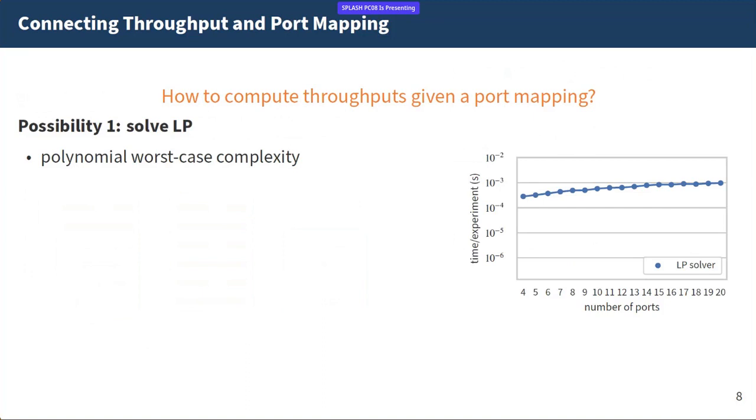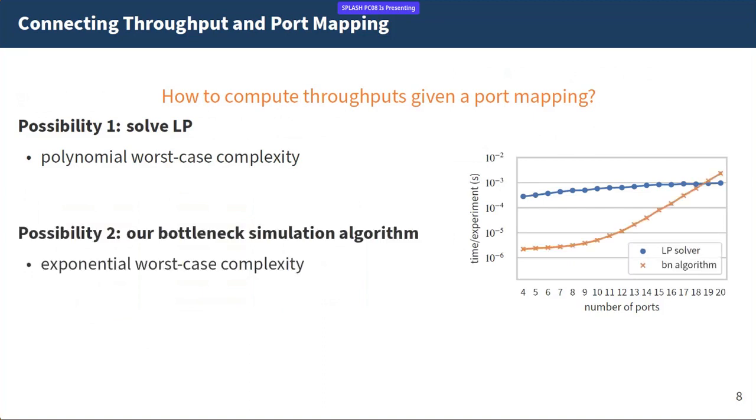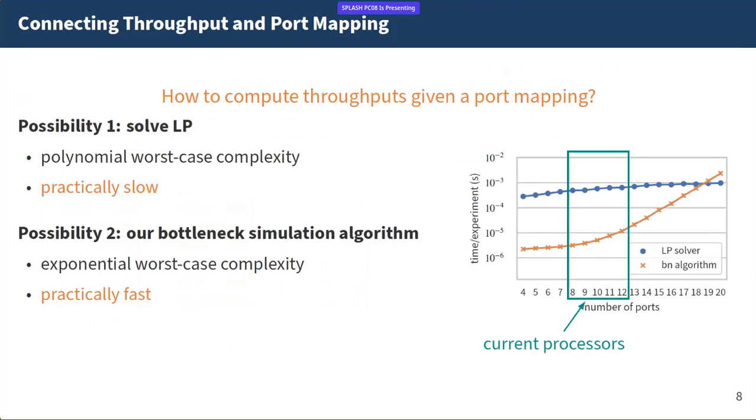The other way that we propose in this paper is to use our nice bottleneck simulation algorithm, which has exponential worst case complexity, exponential in the number of ports. At first, that might sound bad, but as you can see from the graph, for a practical number of ports, which actually have risen since the PLDI 20 paper, so I had to adjust this slide a bit to the side, we're still in the area where we have at least, well, not quite 2 orders of magnitude faster execution times, but still close to that.